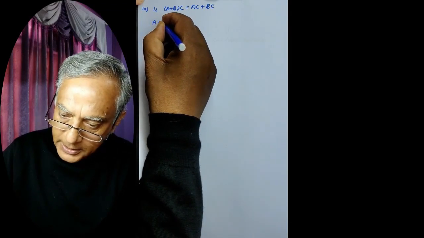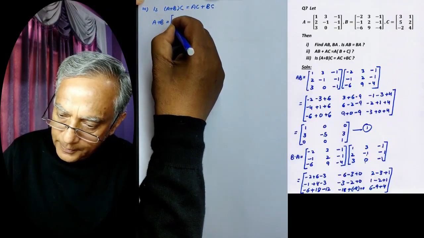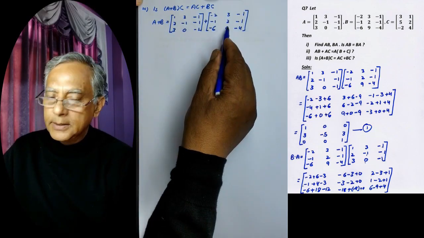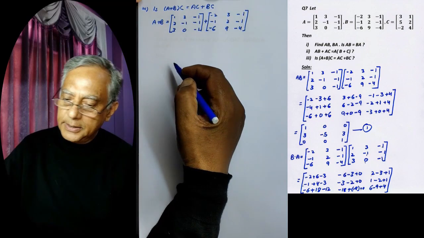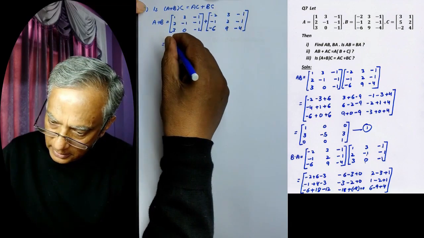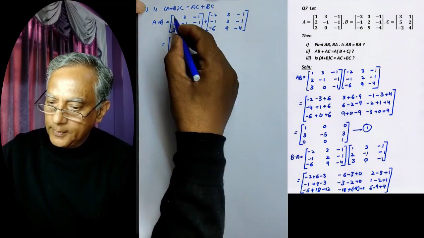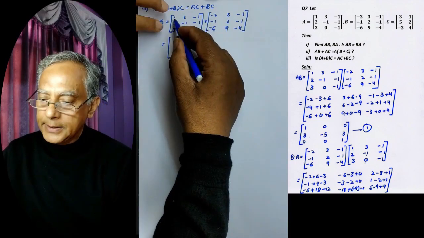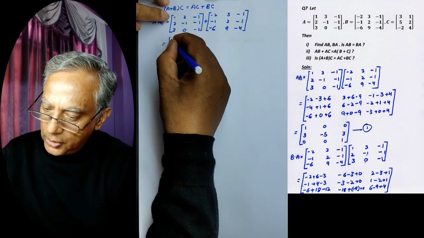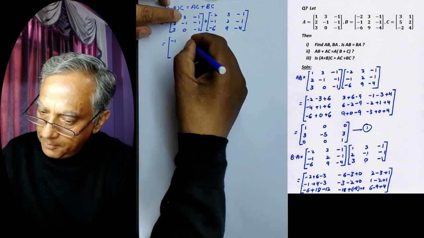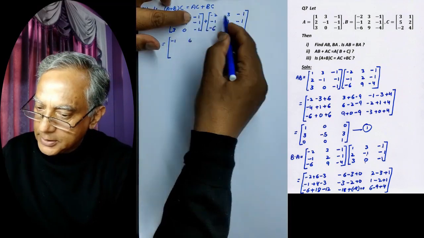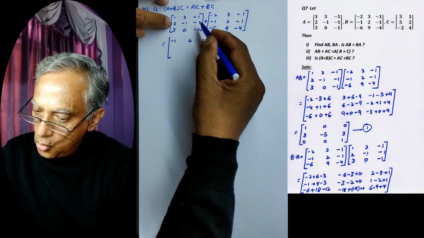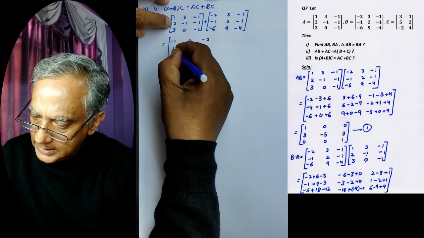Now A plus B is equal to, now A is this much and B is this much. You can see the side sheet. Now this is equal to addition of these two matrices. Add the corresponding entries. 1 minus 2 is minus 1. 3 plus 3 is 6. Minus 1 is minus 2. 2 minus 1 is 1.